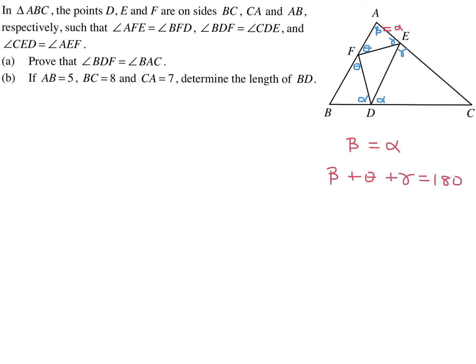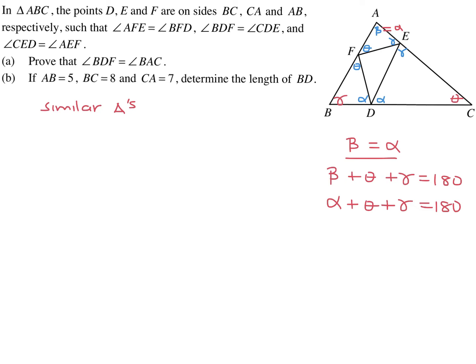And if we make the substitution, alpha plus theta plus gamma is 180, and therefore we can conclude that this angle in here must be gamma. And then similarly, that angle in there must be theta. And then once that's established, we can use similar triangles to get relationships between a lot of these sides. So here we go.